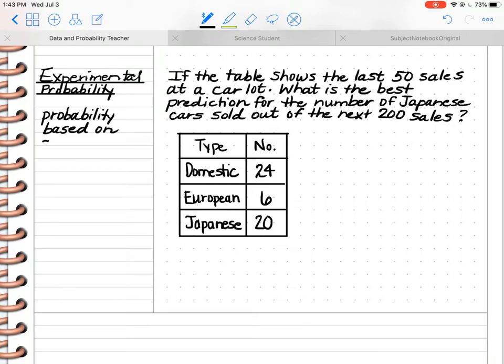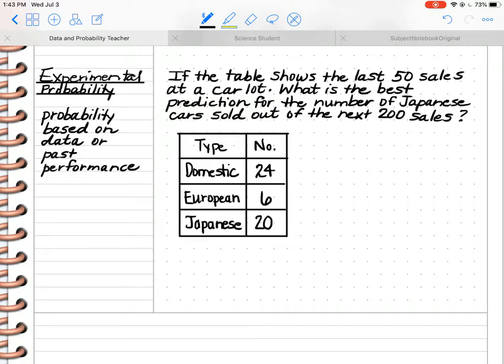So to do this kind of probability, you need a data source. You need somebody's research or somebody's data collection to let you base your opinions on their data or past performance.